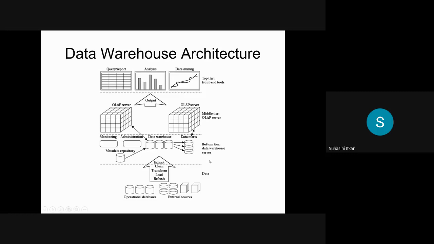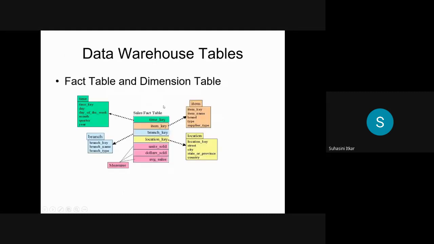So the multi-tier architecture of the data warehouse comprises three tiers. One is the data warehouse server tier itself, then the middle tier is the OLAP server, and the third tier, the top tier, is the front end tools. As I explained with an example in the last session, that is basically how it works. So this architecture we have discussed in detail.